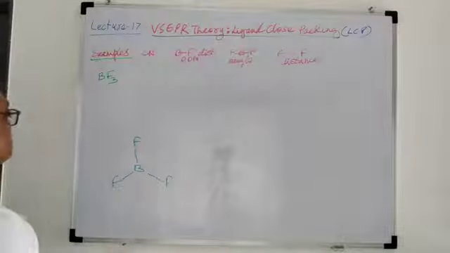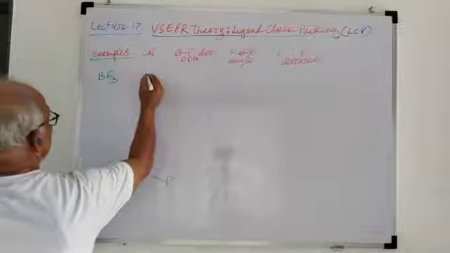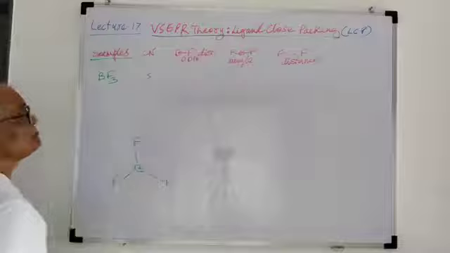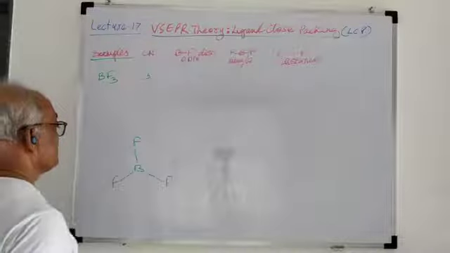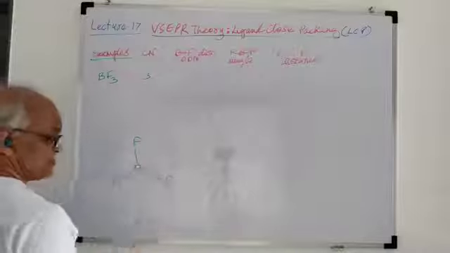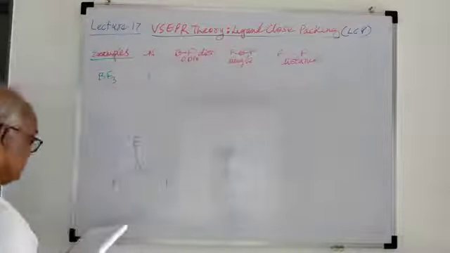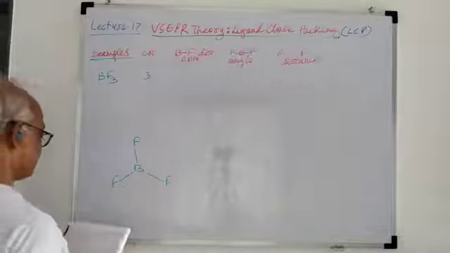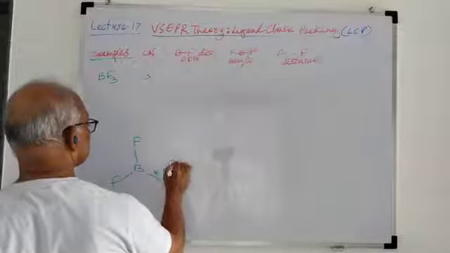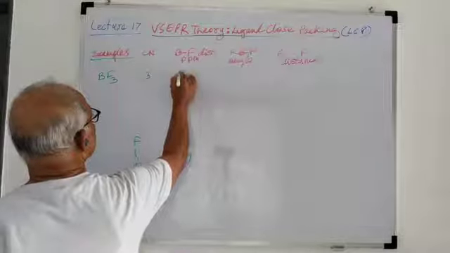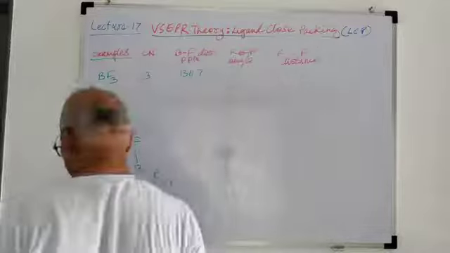Here you will find that the coordination number of boron is 3. The BF distance is 130.7 ppm.